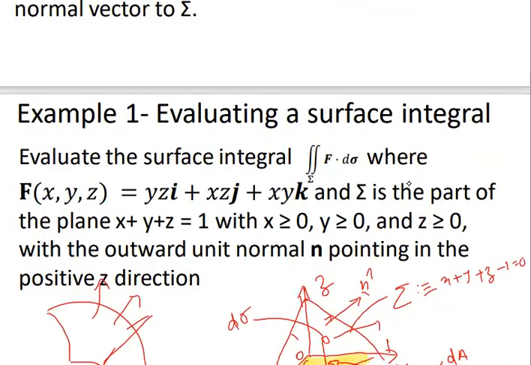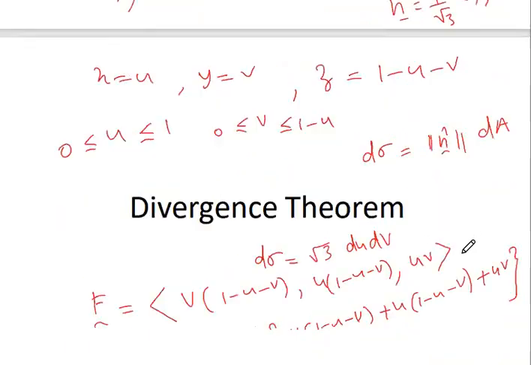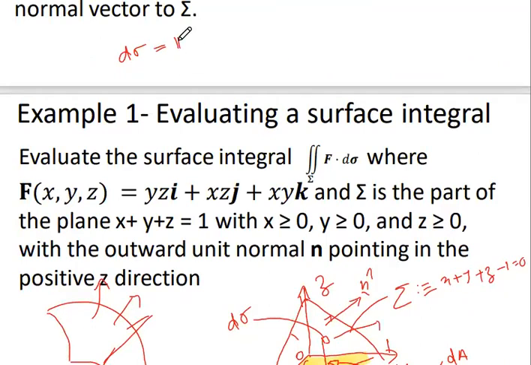We know the conversion: d sigma is the magnitude of the normal, which is square root 3, times dA. So d sigma can be written in this way, and this is a scalar function.